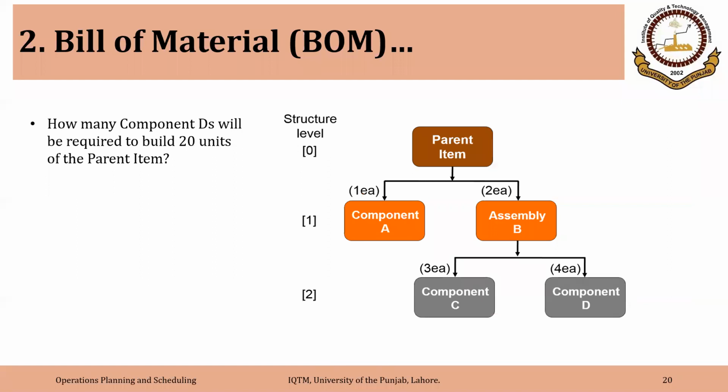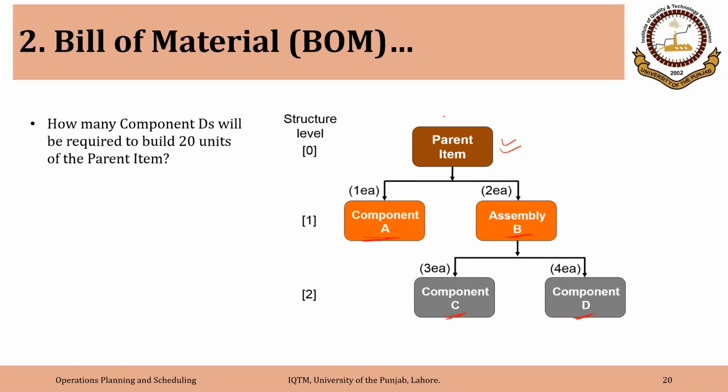Here is an example of a multi-level product structure. So this is the end item, final product. It comprises two components, in fact, one component A and another assembly B. So assembly B also has two components, C and D. And the quantity of each required to make one upper level component or assembly is given.